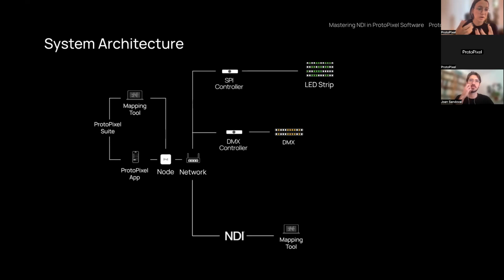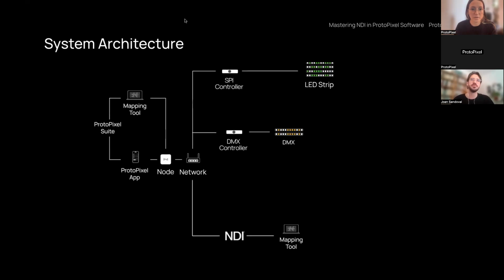If you did want to have something running in real time in an installation, you would need another computer to run the software and communicate with the ProtoPixel system. So just to clarify this, and this is why we also wanted to show the benefits of using NDI in test mode when you're testing to develop the final content.